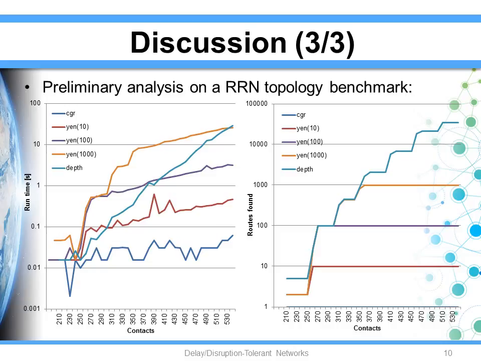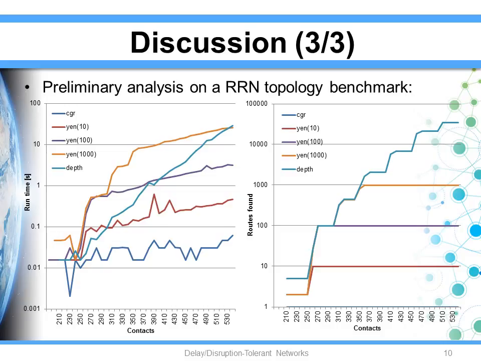This is a greedy algorithm, and even though the complexity of the topology increases a lot, its running time slope increases constantly, and it is able to find a lot of routes and even more routes than the other algorithms. So whether we choose to find all routes or only some of them, there is a trade-off between a greedy algorithm and an algorithm that's only able to find a limited quantity of best routes in a contact graph.